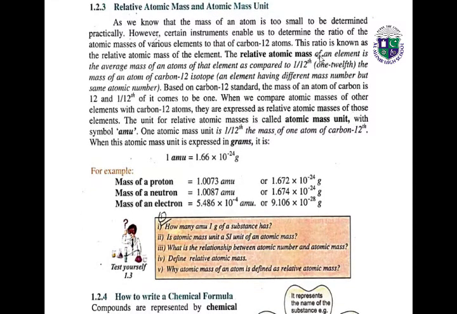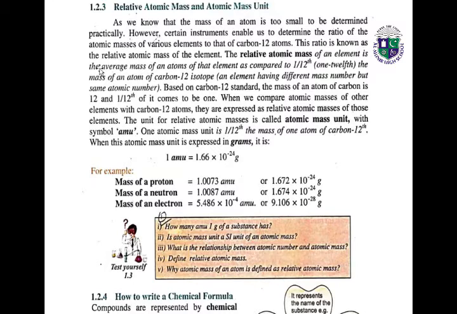Look at its definitions. As we know, the mass of an atom is too small to be determined practically. However, certain instruments enable us to determine the ratio of the atomic masses of various elements to that of carbon 12 atoms. So here we have this tool to find out the relative atomic mass, which is the carbon 12 atom.